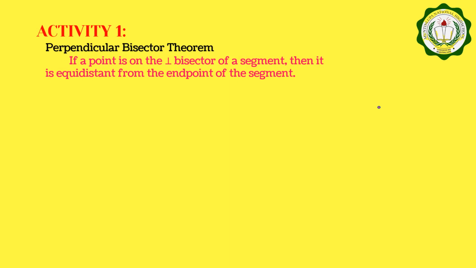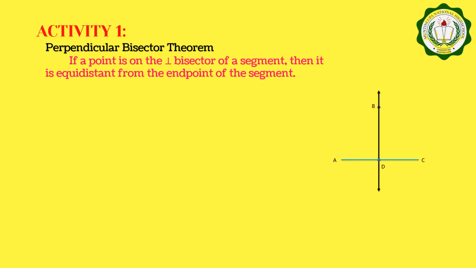This is about the perpendicular bisector theorem. The theorem states that if a point is on the perpendicular bisector of a segment, then it is equidistant from the endpoints of the segment. Let us first illustrate the if-then statement. Let us draw segment AC and the bisector of segment AC, which is line BD.